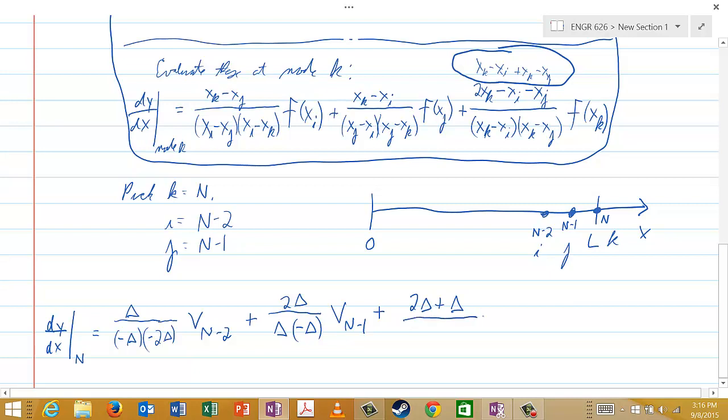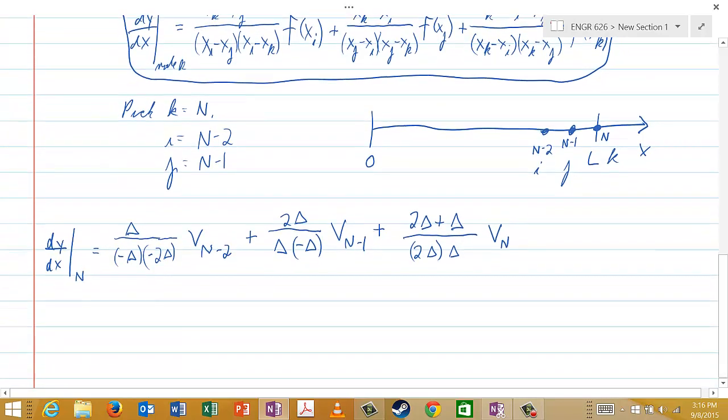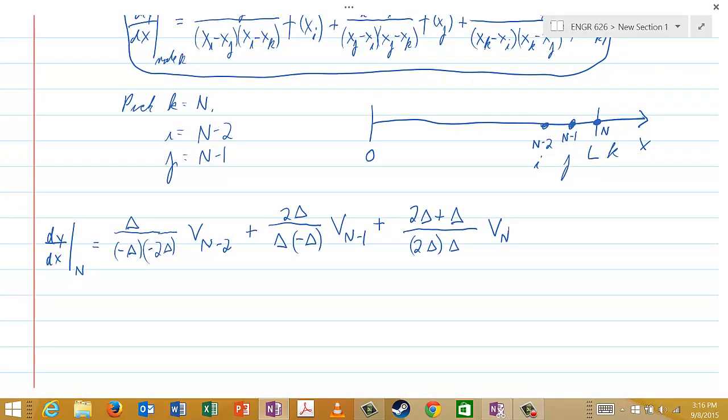And then in the denominator we have xk minus xi, which is 2 delta, and xk minus xj, which is delta. And then f of xk, which is v sub n. Oh, and we're calling the function v here instead of y.